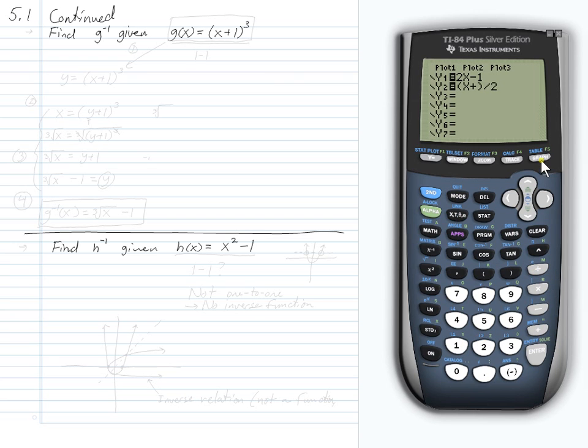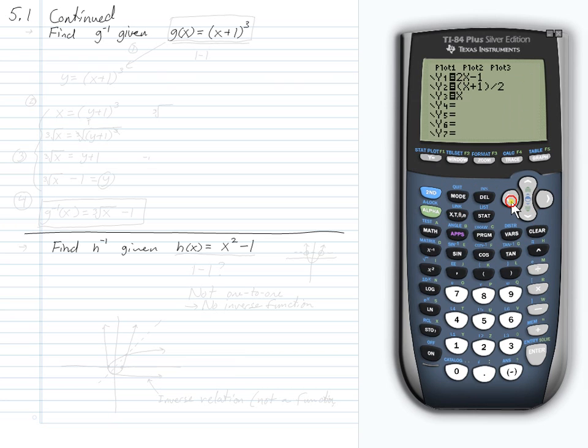Now, if you're using a standard window, it might be a little bit hard to see this relationship. So if you take your calculator and turn it 45 degrees to the left, these aren't really going to look like twins. They aren't going to look like mirror images of each other. But if you zoom square, right next to standard zoom, that's going to fix it so that your X tick marks and your Y tick marks are equally spaced.